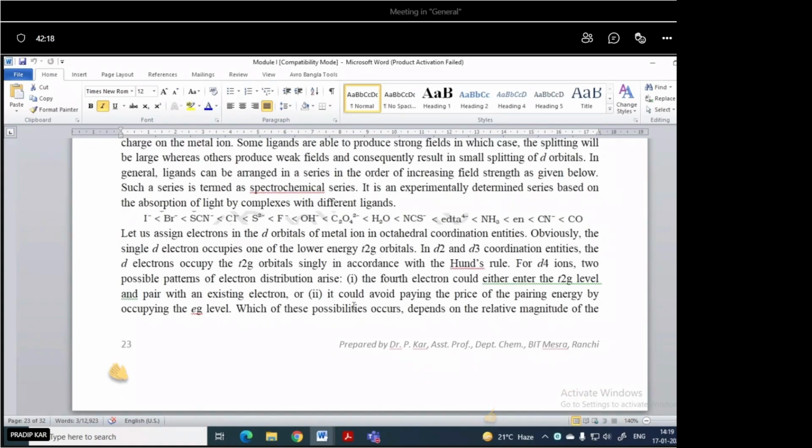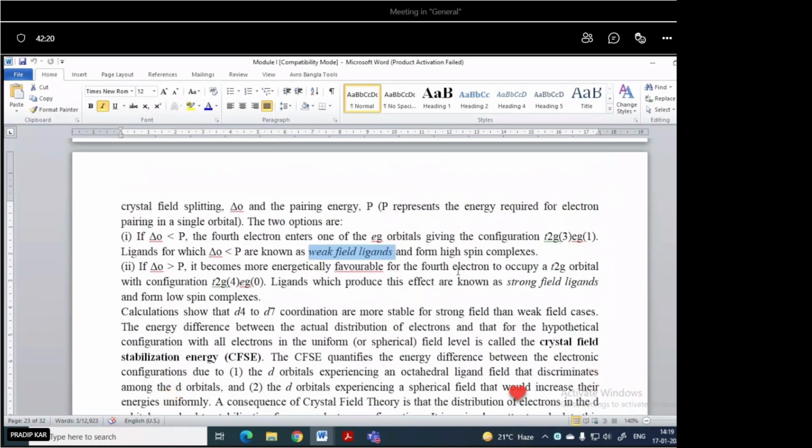Those are big in size, sharing through a less electronegative atom, so the electron is loosely bound and easily available. That is why it interacts strongly with the metal ion to give the low spin complex. And here the pairing energy is less, so electrons preferably pair up in the t2g level. The t2g level is filled first, then filling starts at the eg level, not like the previous case.